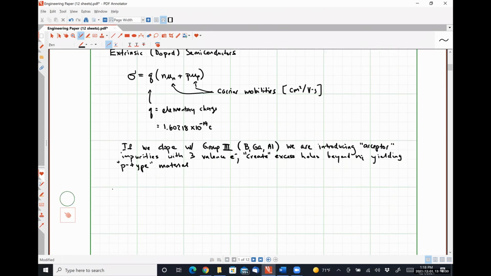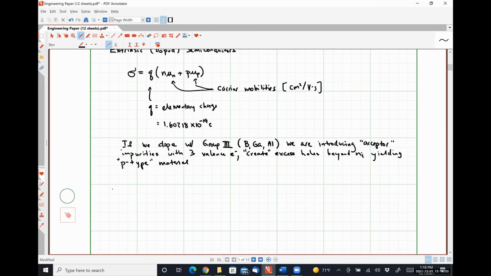So let me leave that up on when you finish writing that down or whatever. I'm going to draw an energy band diagram, okay, to kind of explain what's happening.